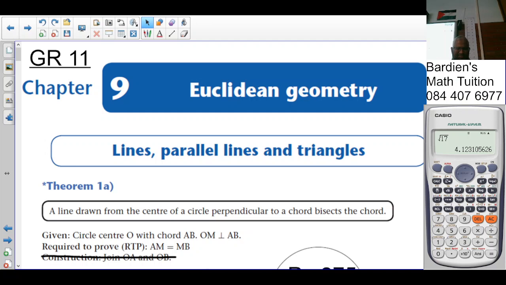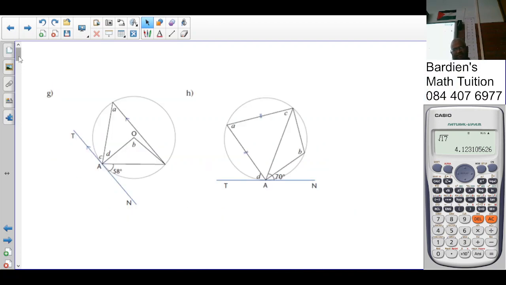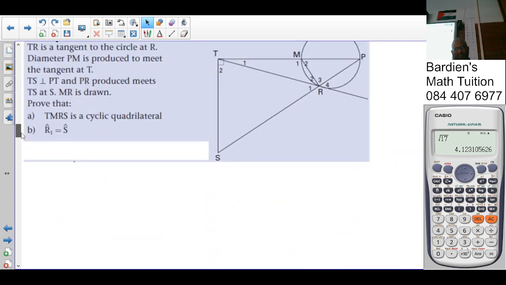Example 2. Well, you cut number 2 already.